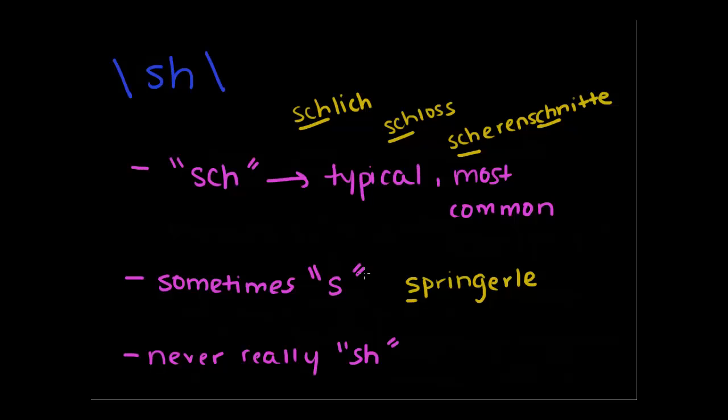If you hear the S sound at all, you can be sure it's an S. If not, it could be an S, but mostly it's going to be SCH. So you have better chances with SCH. Again, never really SH. I did a search on my Merriam-Webster CD-ROM of all German words containing SH, and they all were actually common English words, like everyday words, because English has been influenced by German so much.